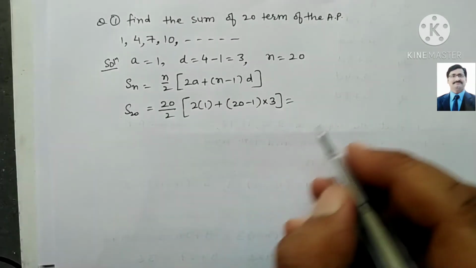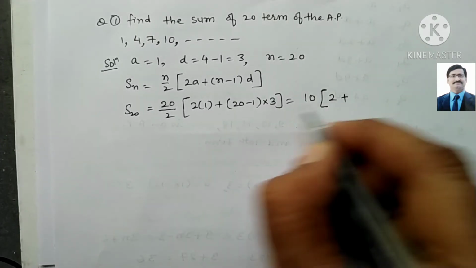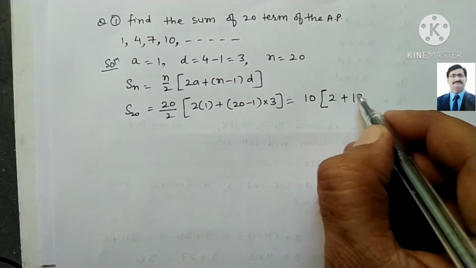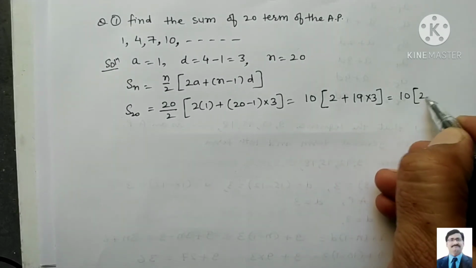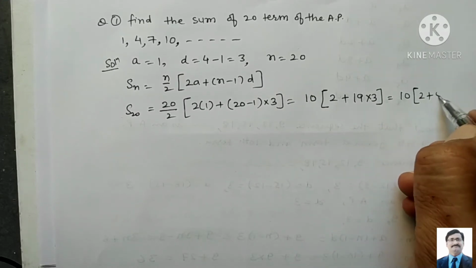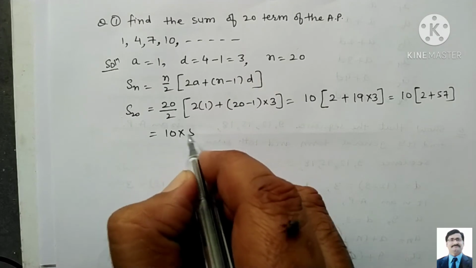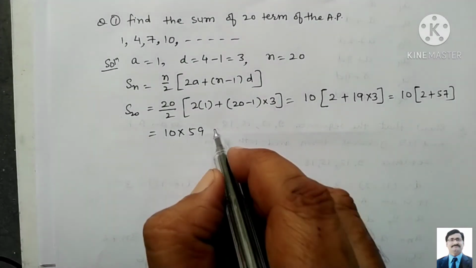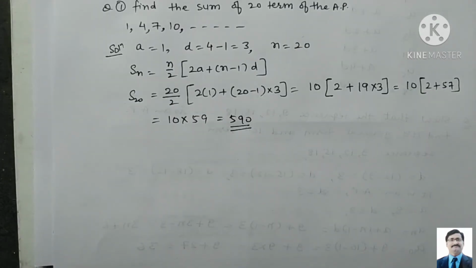So 20 and 2 we divide, we get 10, times (2 plus 19 into 3). 19 threes are 57, 57 plus 2 is 59, so 10 into 59 is equal to 590. So we get the sum of these terms is 590.